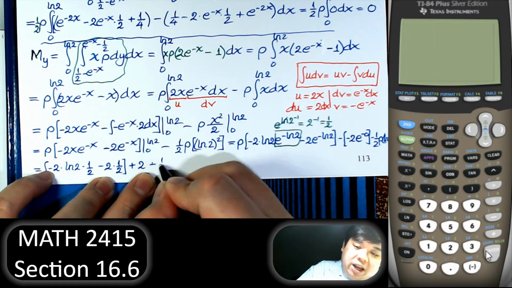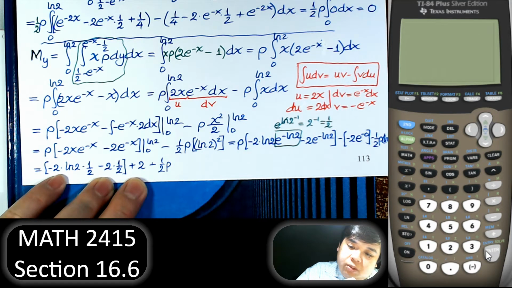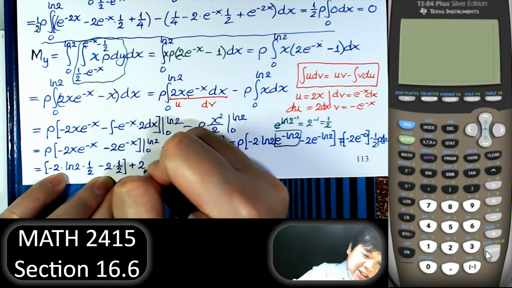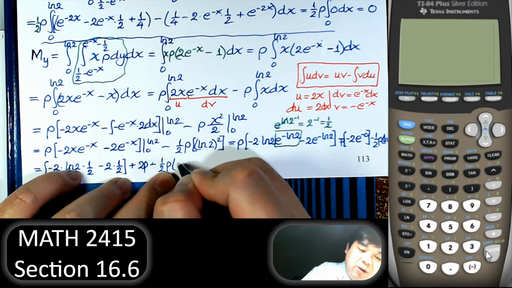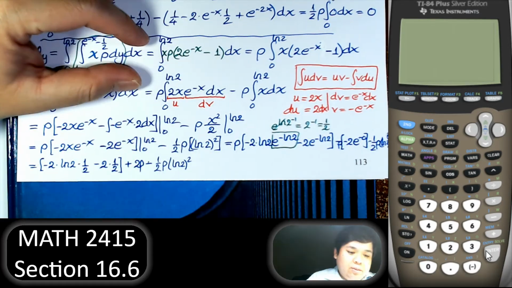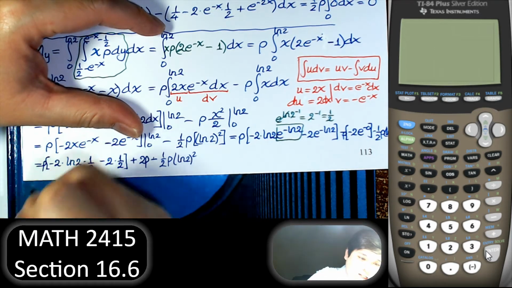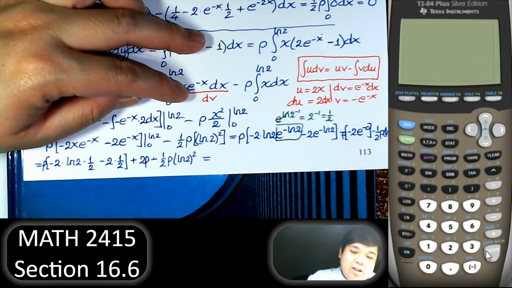And then minus 1/2 rho ln of 2 squared. Forgot the rho here. There's a rho. Right. Simplify all of this.